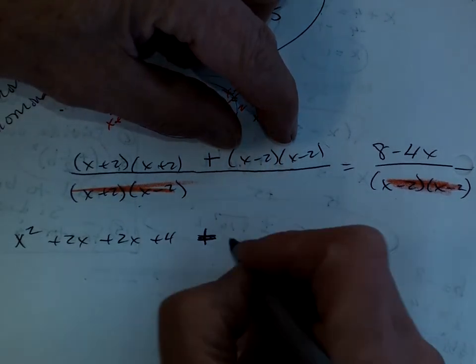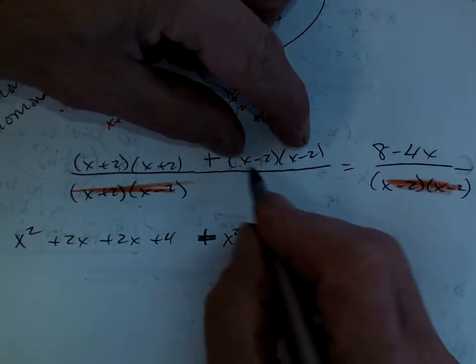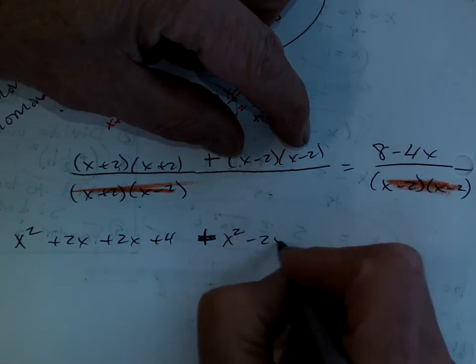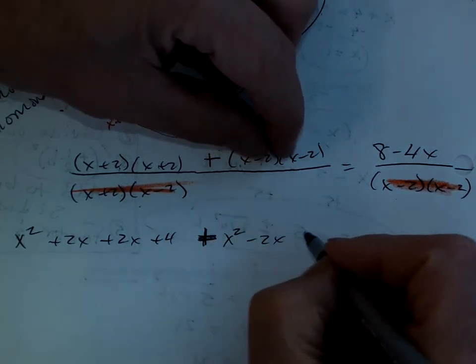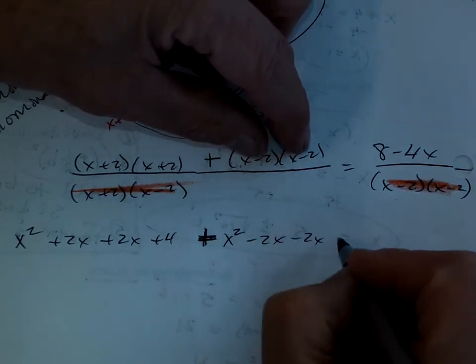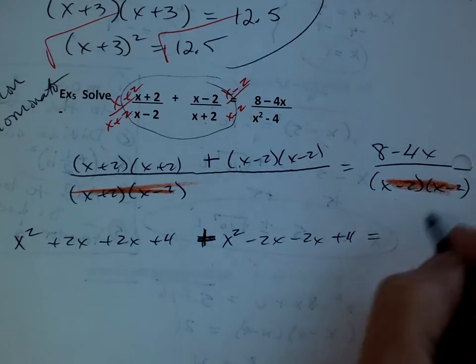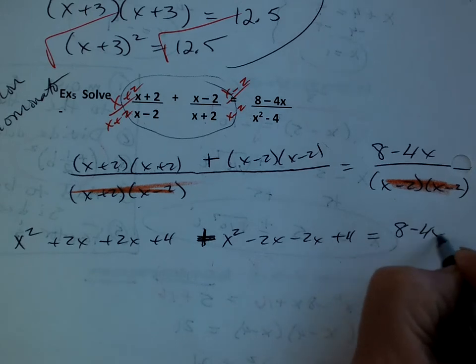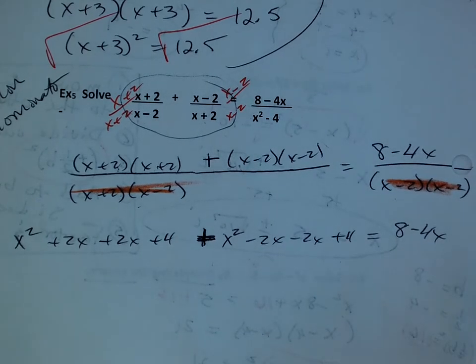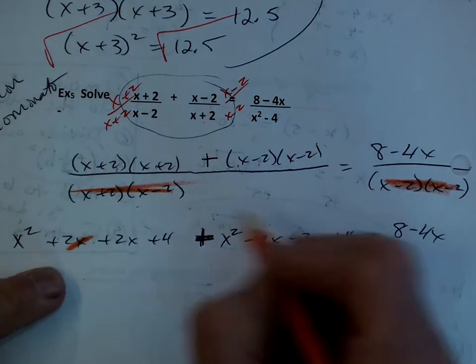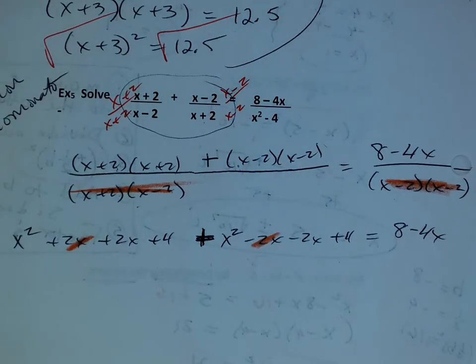Plus x squared minus 2x minus another 2x plus 4. And of course, that's going to equal my 8 minus 4x, okay? I don't know if you guys see it, but I certainly do. Positive 2, negative 2. You guys see that? Boom, boom.